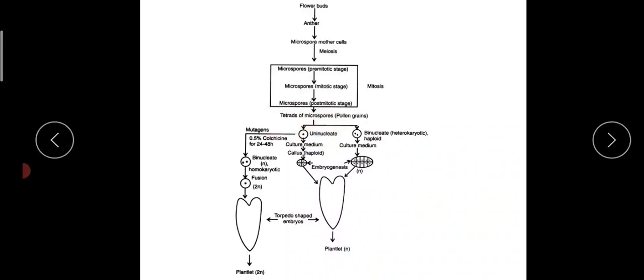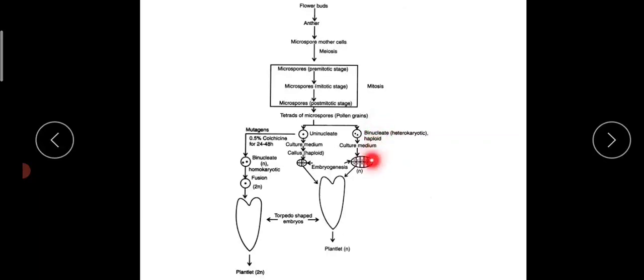That is, the pollen grains are formed in tetrads. These tetrads, when they undergo division, it may be either uninucleate or sometimes it may be binucleate. Okay, so both may be the condition.